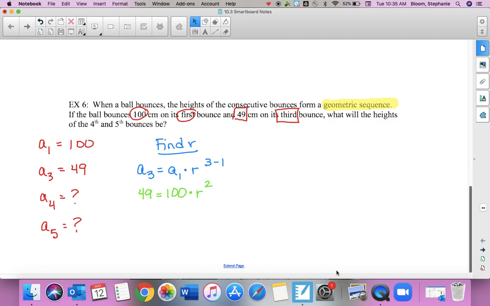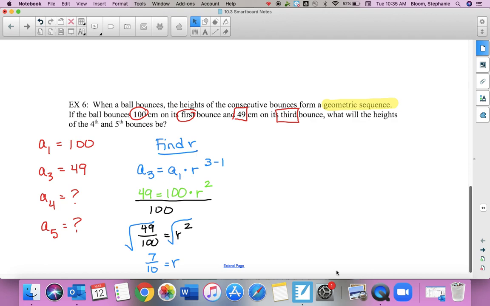We're going to divide by 100, and I'm going to leave this. You see, we have an r squared, and we're doing that because when we square root, those are perfect squares. So r equals 7 over 10.